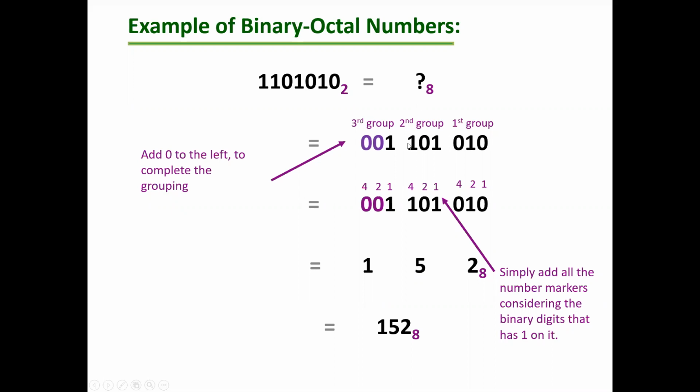Ang gagawin na lang natin is to use the switches. Ang switches natin for our octal is 421. Kaya lalagyan po natin ng switches yung ating mga naigrupo, 421, 421, 421. Yung switches natin, i-add po natin yan.